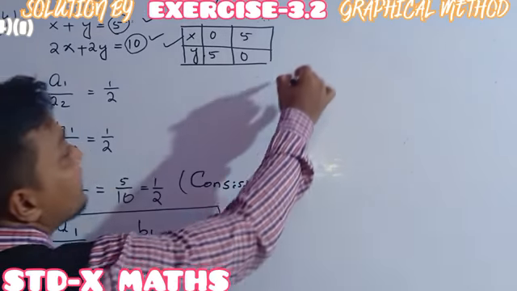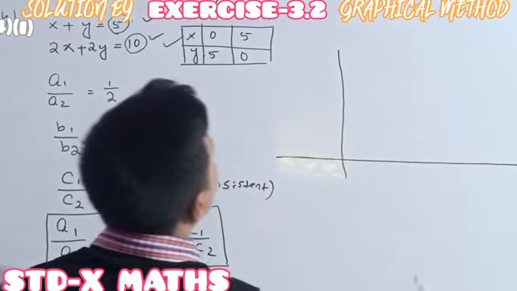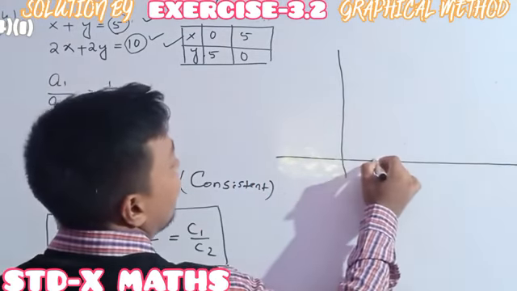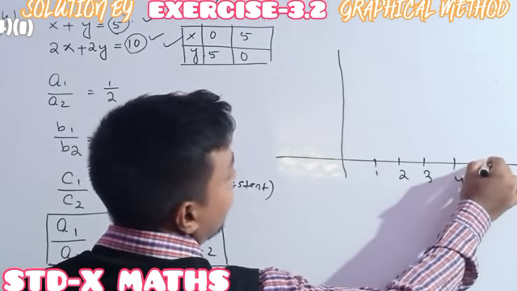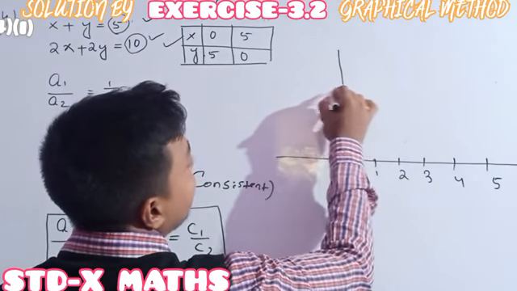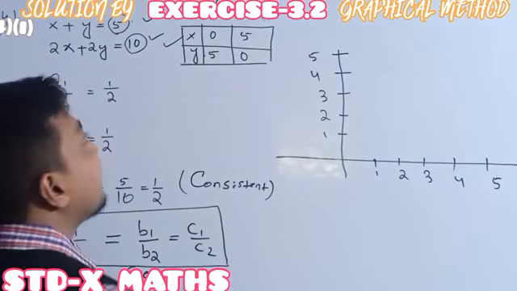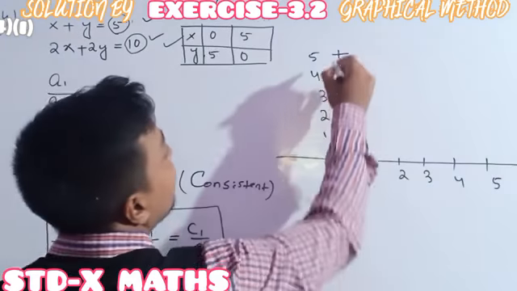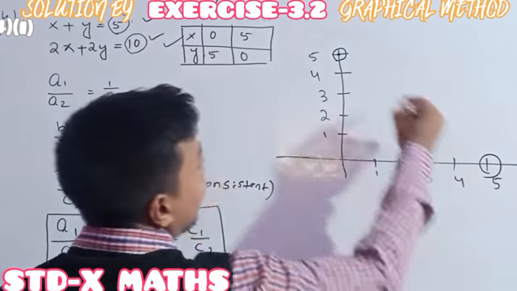Okay, so whenever you are drawing the graphical representation, see the graphical representation. Here it is 1, 2, 3, 4, 5 on one axis, and 1, 2, 3, 4, 5 on the other. So the first point is 0, 5, and 5, 0 is a point here.